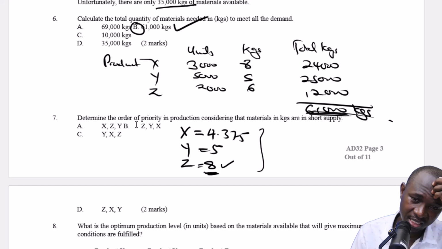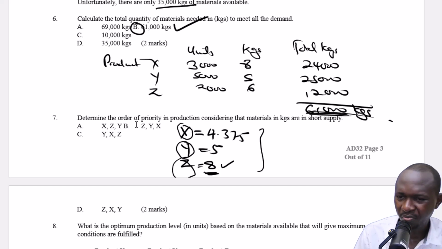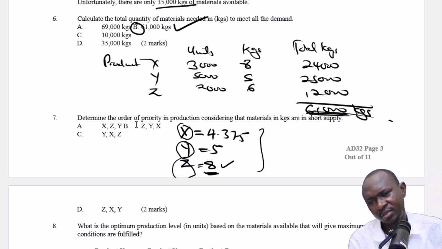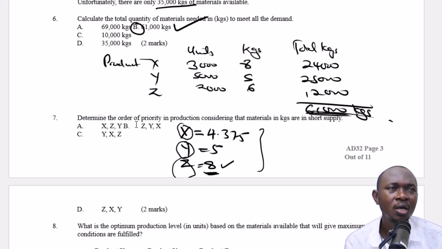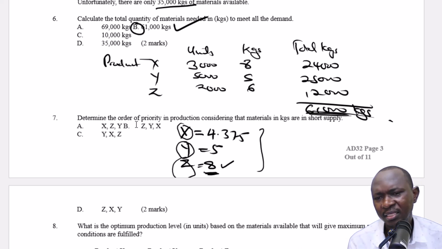So given a chance, we'll go for more of Z, followed by Y, followed by X. The reason is very simple: product Z has the highest contribution, product Y follows closely with 5, and product X has the least contribution. If we arrange these products in order of priority, most of the resources will go to the one that gives us the most, and that can be well captured by the contribution.